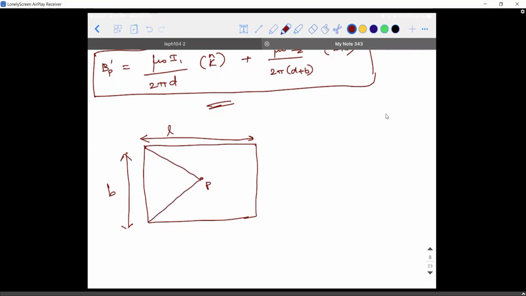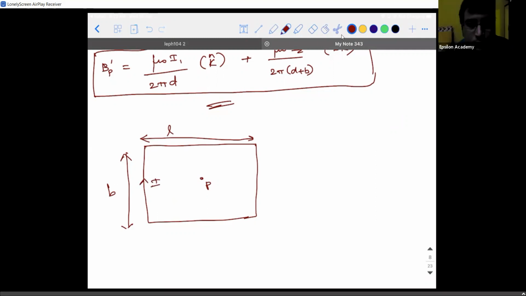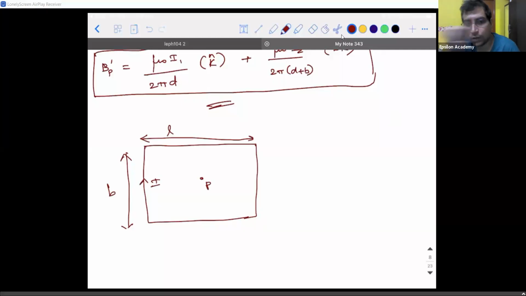The current in this conductor is in a loop, in the clockwise direction. If the current in the conductor is I, find the magnetic field at point P. Okay, this is one problem.